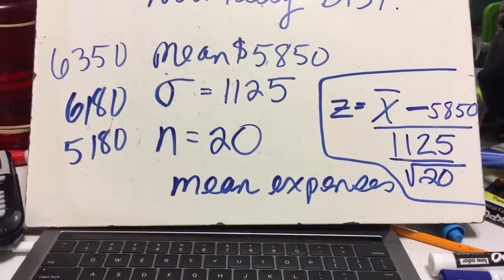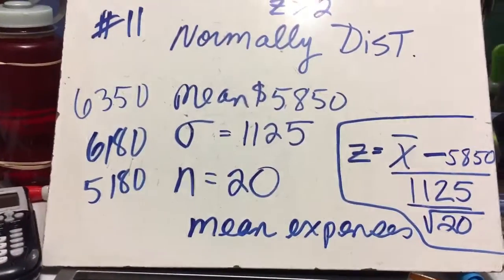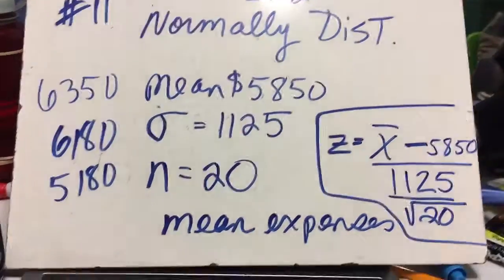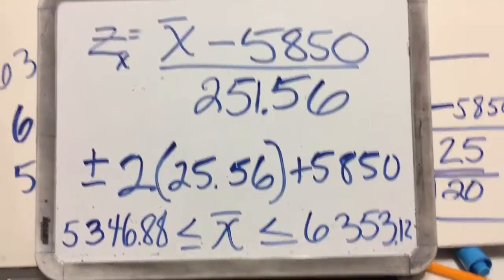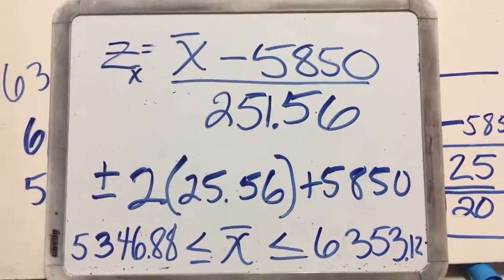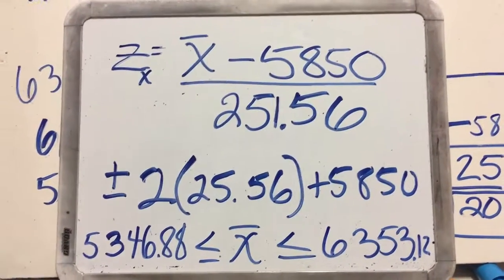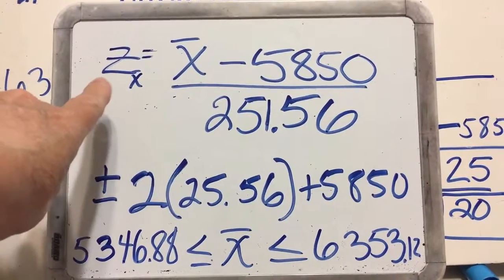So now in the next little board, I'm going to kind of work backwards. I don't want to plug each one of these things in. So I'm going to take my z equation.